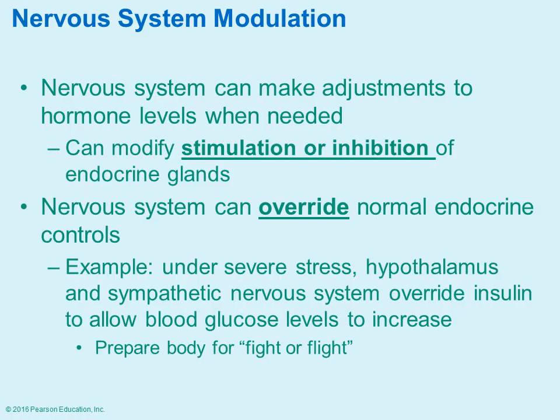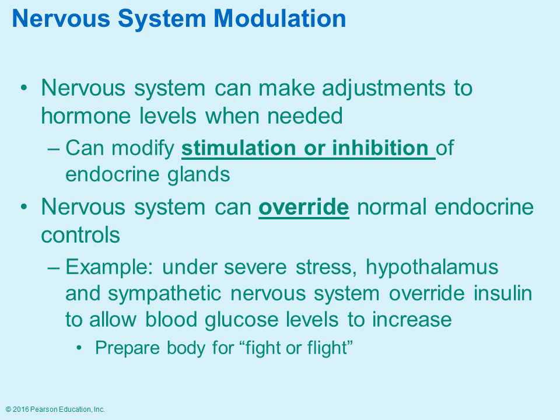The nervous system can make adjustments to the hormone levels when needed. It can either stimulate or inhibit the action of the endocrine glands. So you may have normal controls, but then the nervous system can override that. When would this happen?